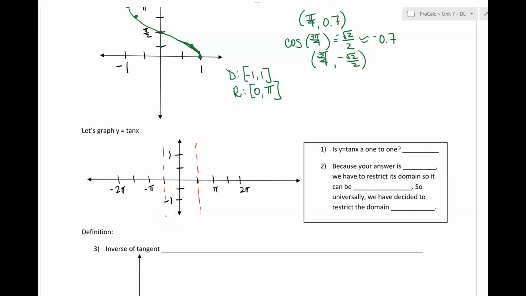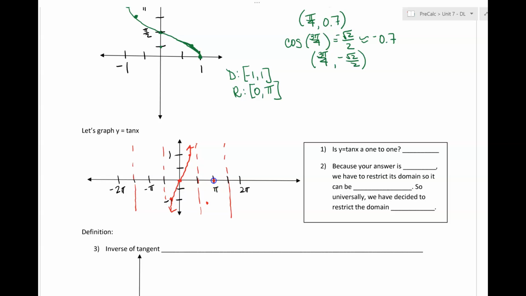And then what's the period? Yes, good. It's going to be pi. So the asymptotes occur every pi units. The tangent of 0 was 0. At pi over 4, tangent was 1. At negative pi over 4, tangent was negative 1. So we know we don't cross the vertical asymptotes.